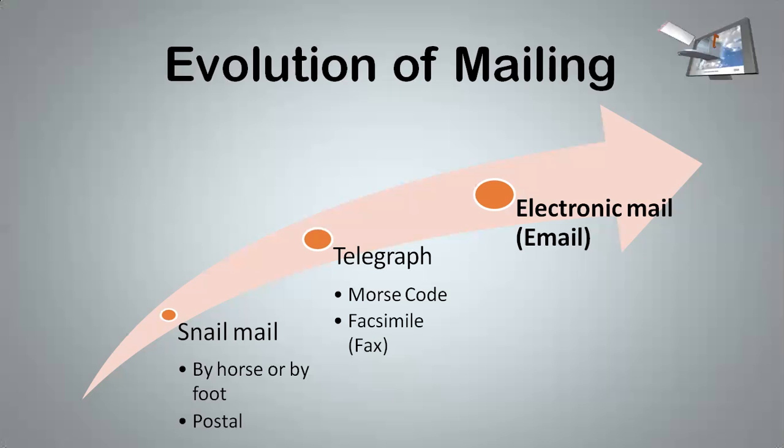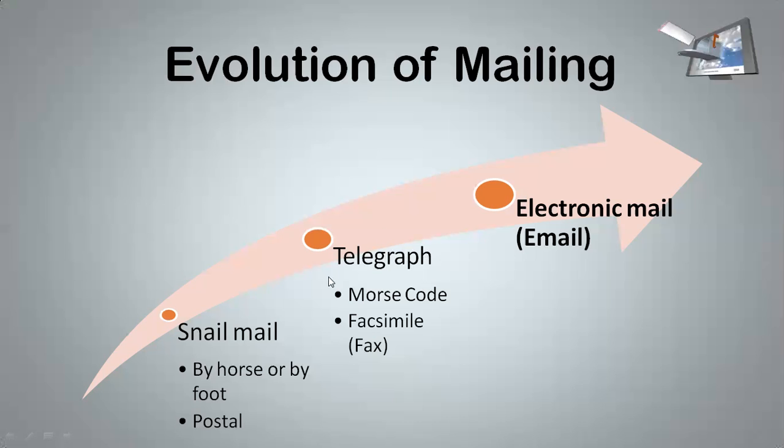Compared to snail mail, the telegraph is faster, so the speed of communication grew with the help of the telegraph. The telegraph uses fax and Morse code techniques.